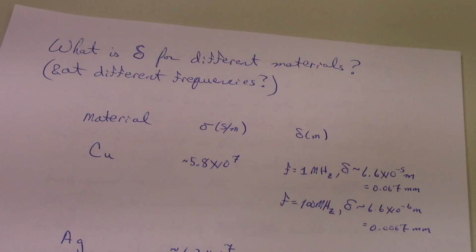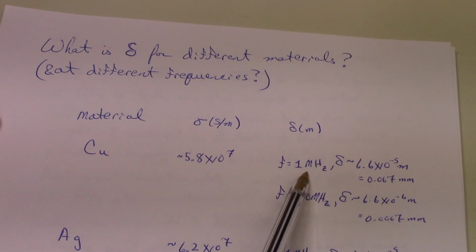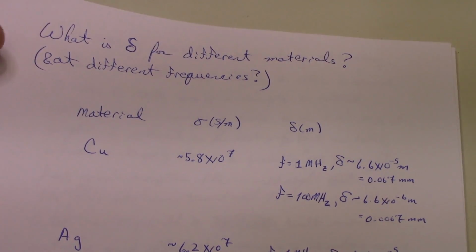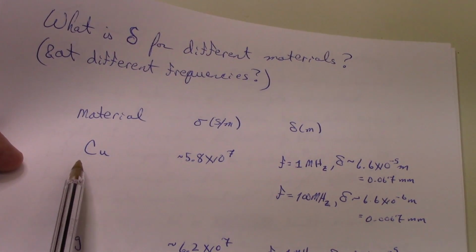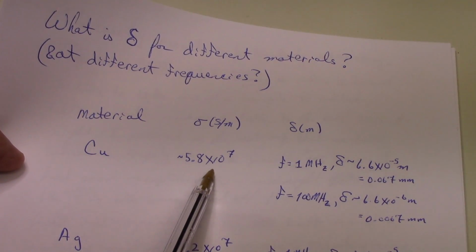Well, I'm going through a big broadcast band DXing phase right now, so one of the frequencies that I'm going to do this for is 1 megahertz. But then we'll go up a couple of orders of magnitude to 100 megahertz, just simply to make the math easy. So for copper, the conductivity, sigma, is somewhere in the neighborhood of 5.8 times 10 to the 7 Siemens per meter.